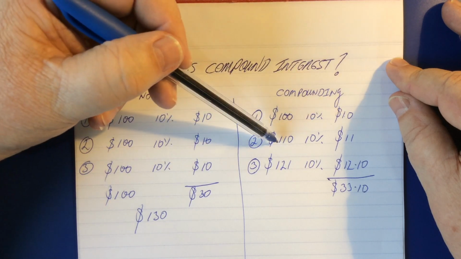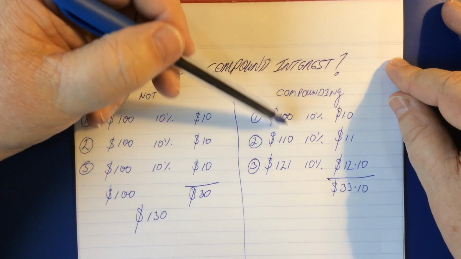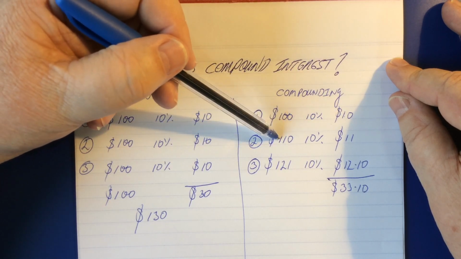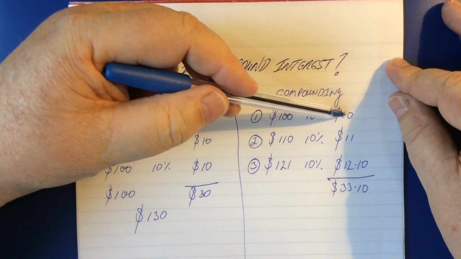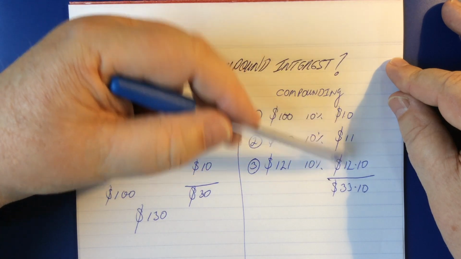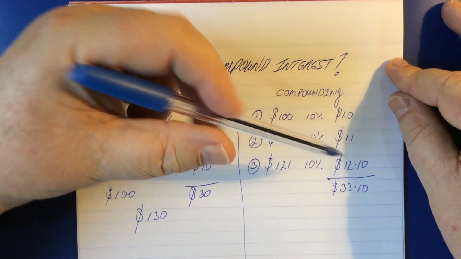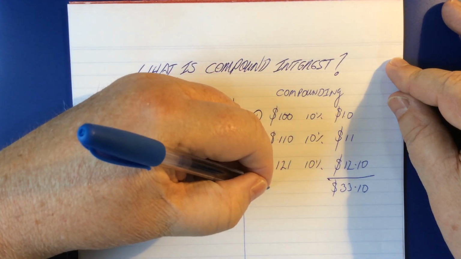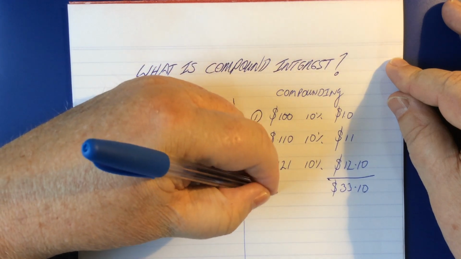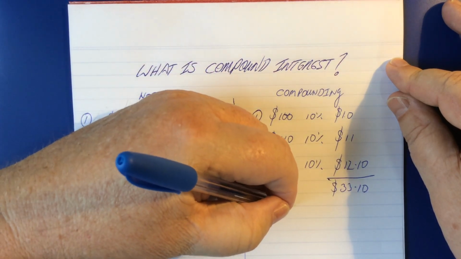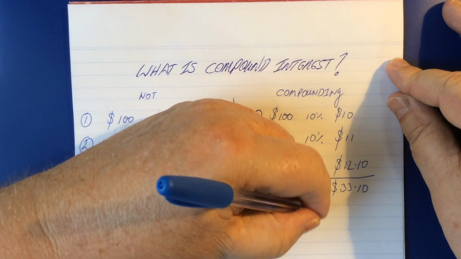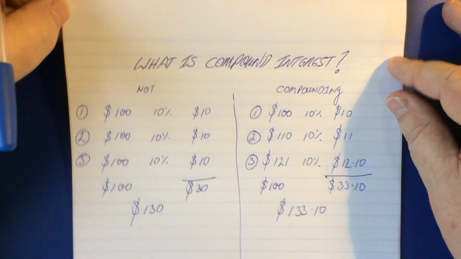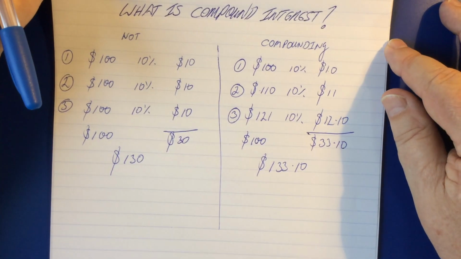We are adding it to our initial amount, and we just keep doing that. And what happens is that the amount of interest that we get grows. And so we still have our $100 here, but at the end of this process what we have is $133.10. That is what compounding is.